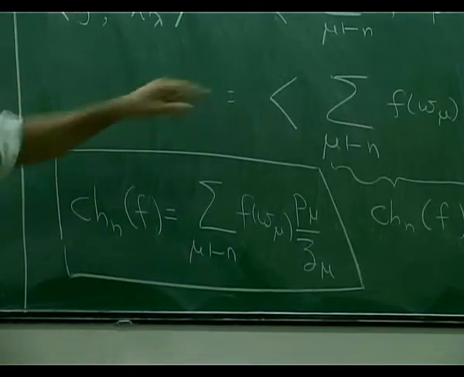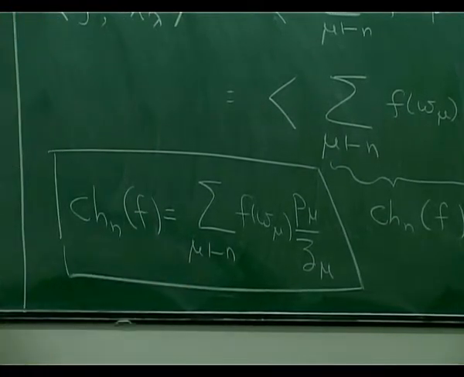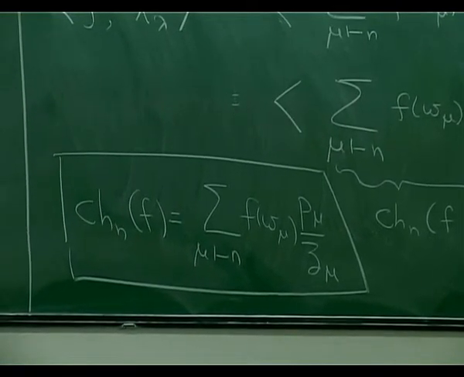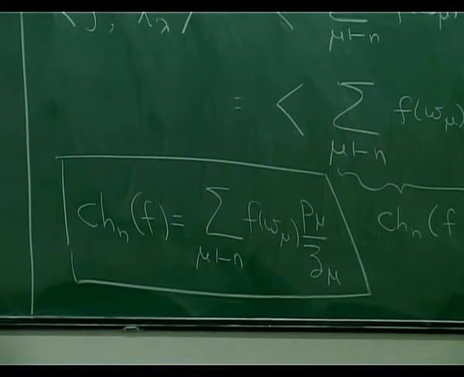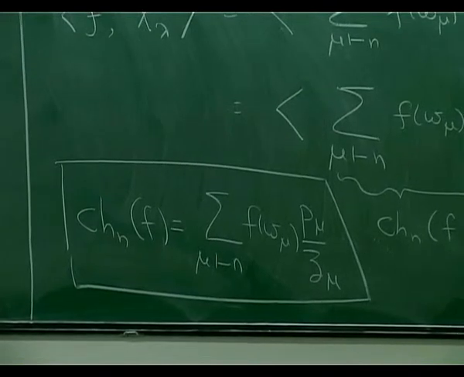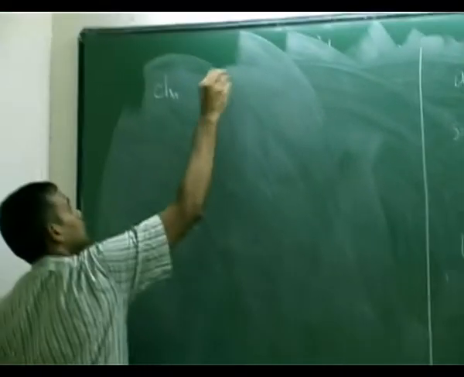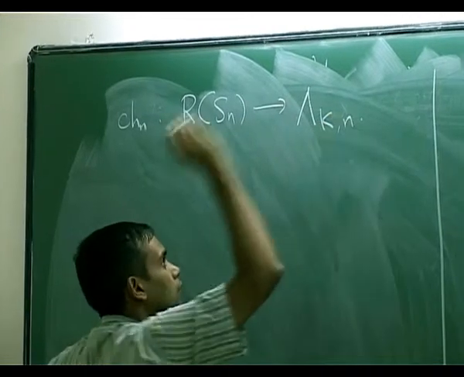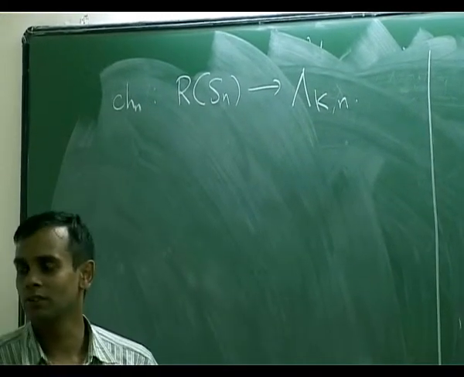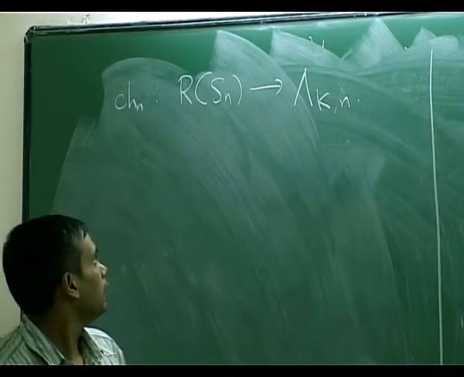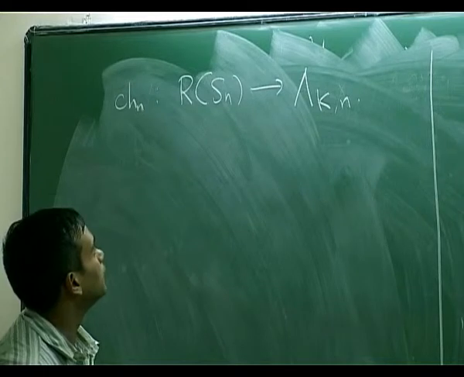Okay, so what this tells us is that this is a map from class functions on Sn to homogeneous symmetric functions of degree n. Here k is a field.